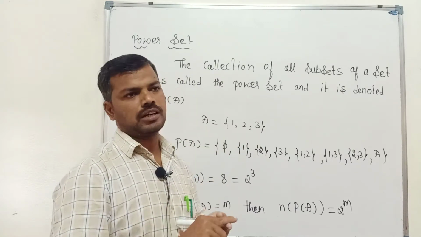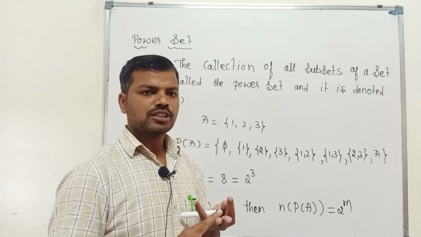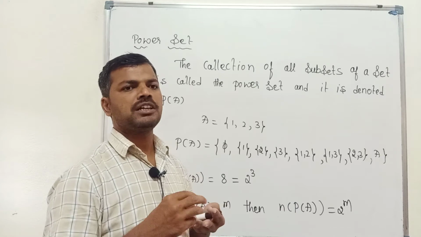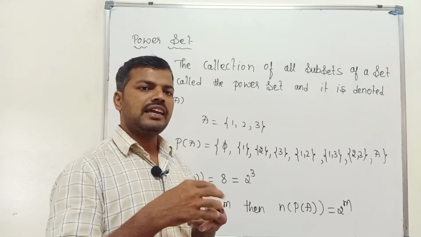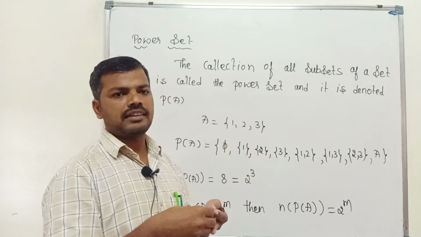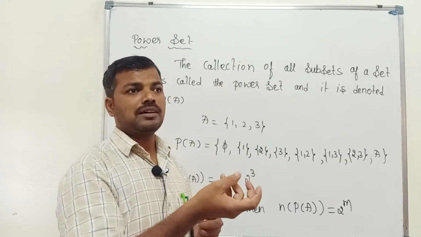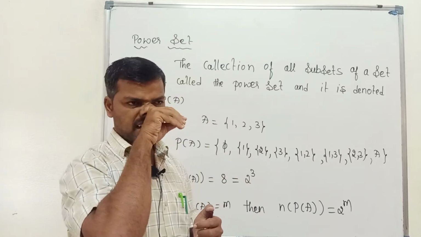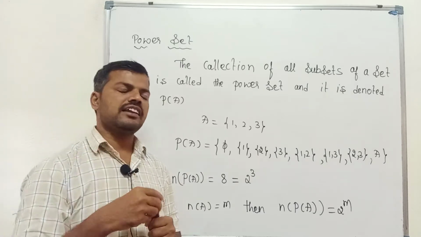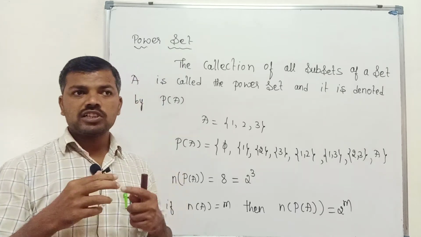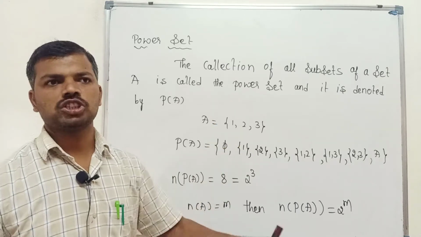Because the set of even numbers, set of odd numbers, set of prime numbers, all these sets become subsets, meaning all these elements are there in the natural numbers. So we call the natural numbers a universal set, or we can also define the universal set in another way, that the set which contains the elements of all its possible subsets.